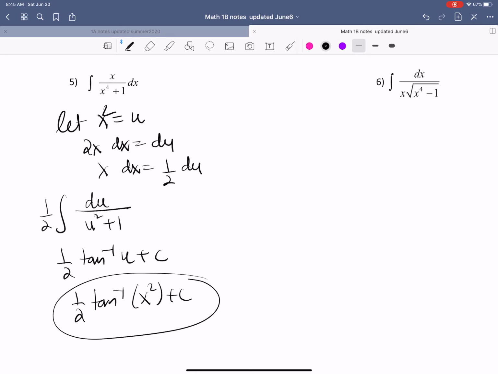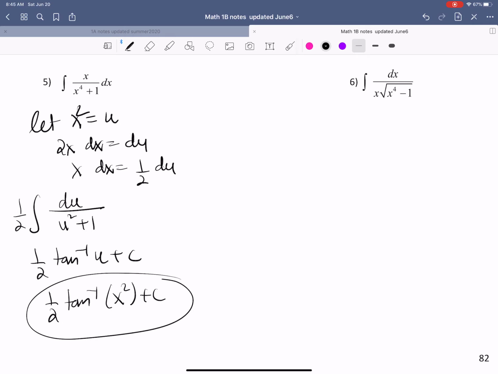Okay. All right, next problem number 6. If I call x to the 4th minus 1 as u, that does not help me, because then I need to have 4x to the 3rd, x to the 3rd on the top, which I don't have. Let us try to multiply. I think this might help. Multiply top and bottom with an x.